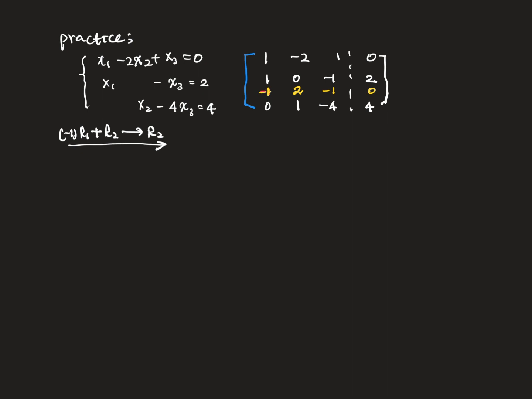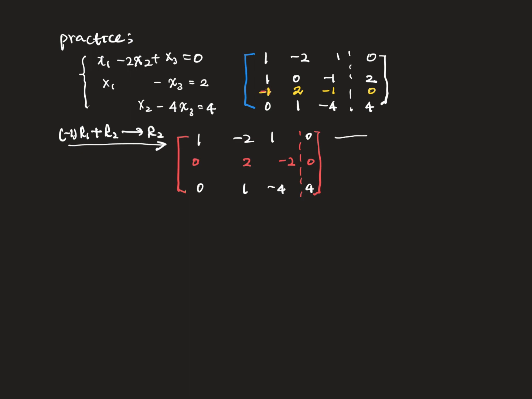So what do you have? The second row changes: 0, 2, negative 2, 0. Anything else is the same: 1, negative 2, 1, 0. Here is 0, 1, negative 4, and 4.